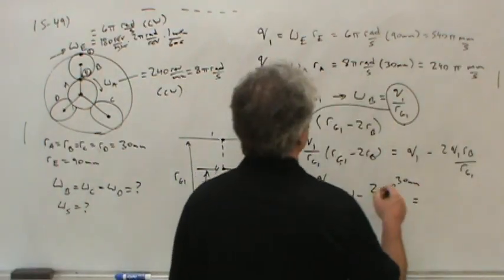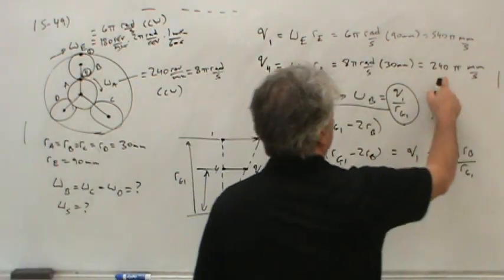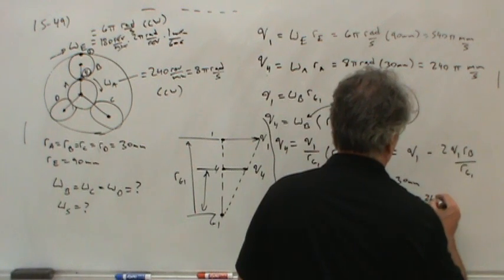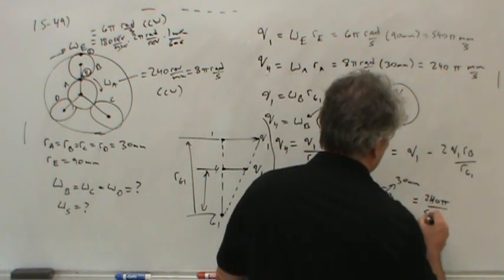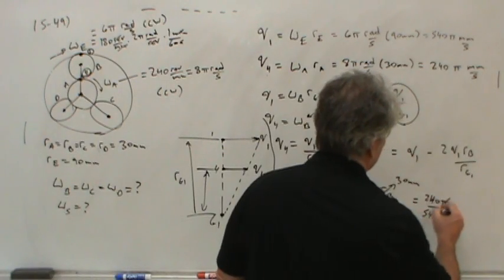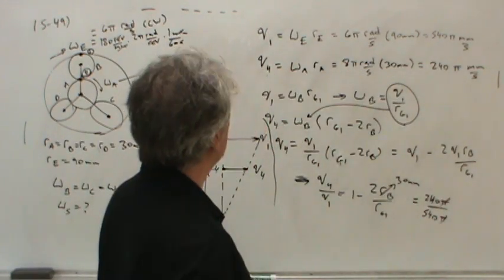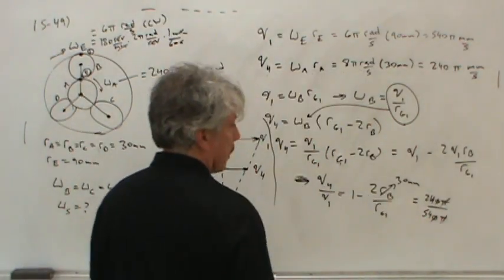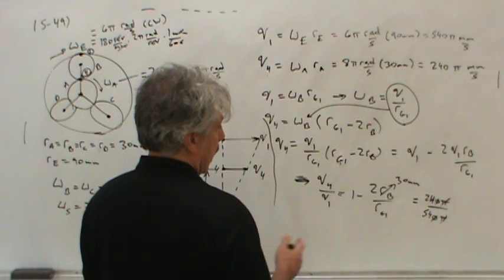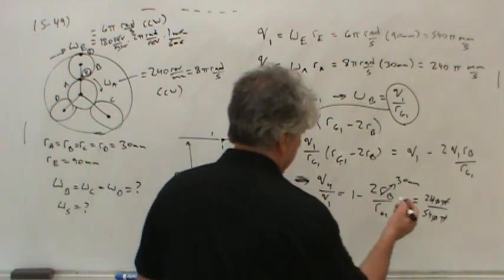Let's make it that way. So V4 is 240 pi over V1 is 540 pi. Obviously the 2 pi's cancel. That's nice. We could subtract a factor of 10 from the 2 if we'd like. And then just do the algebra.